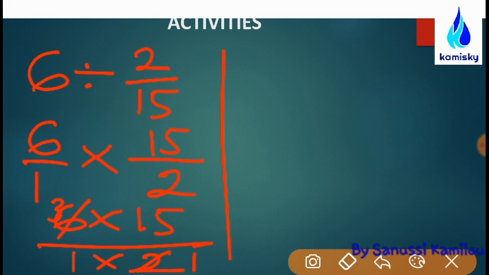So meaning 2 can go into 6 3 times, and then 2 can go into 2 once. Is it not so? So we are now having 3 times 15 all over 1 times 1.